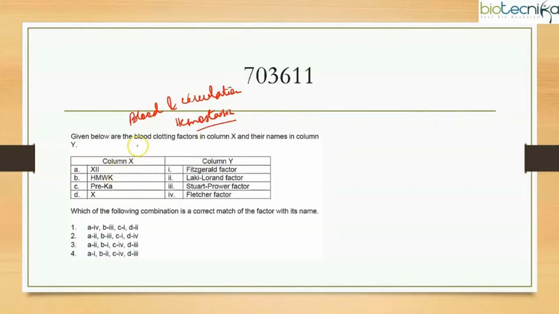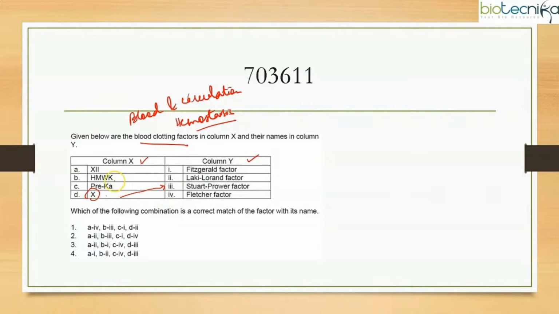So, given below are blood clotting factors in column X and their names in column Y. Let us see the table first. Some of it, we already know the names, like 10 will match with 3. So, 10 we know is Stuart-Prower factor.